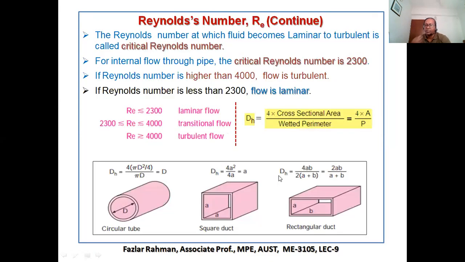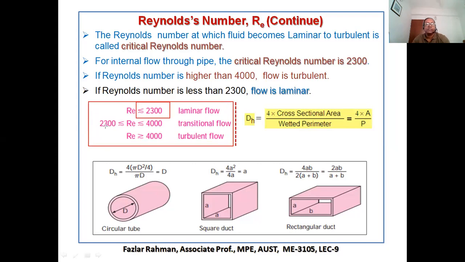So you have the Reynolds number, then that Reynolds number you need to compare with this data right over here. You need to figure out whether flow is laminar or flow is turbulent. If Reynolds number is less than 2300, your flow will be laminar.